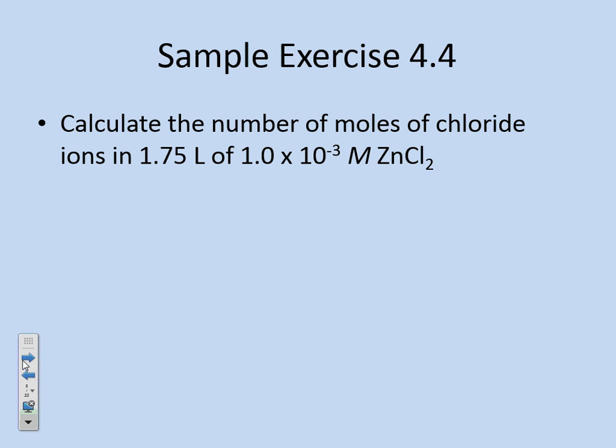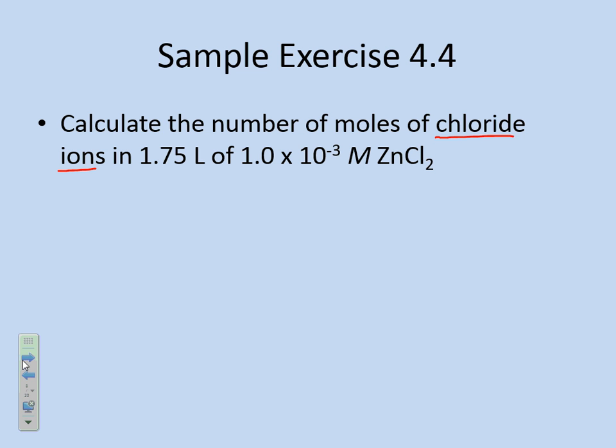Let's calculate the number of moles of chloride ions in 1.75 liters of a 1 times 10 to the -3rd molar zinc chloride solution. So, we want the chloride ions.